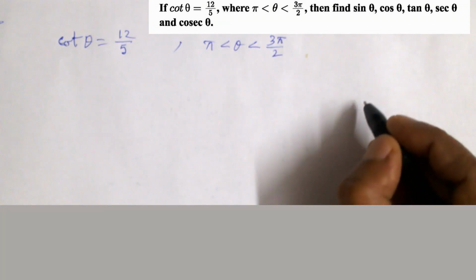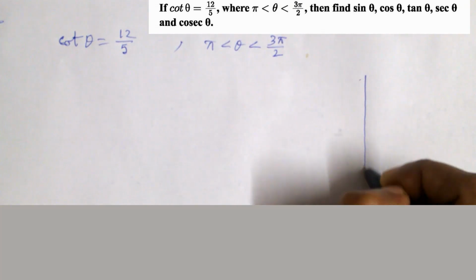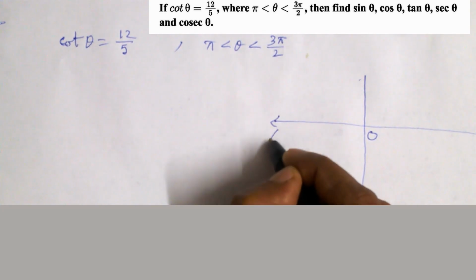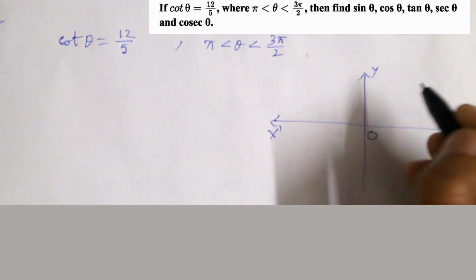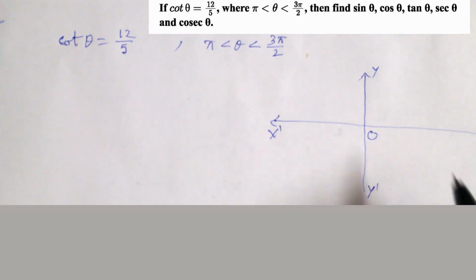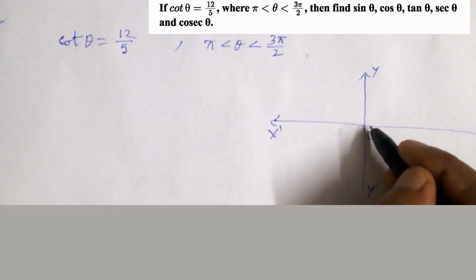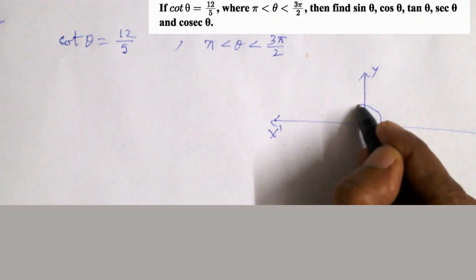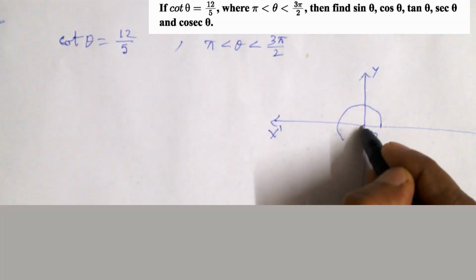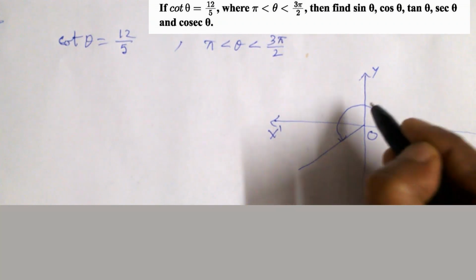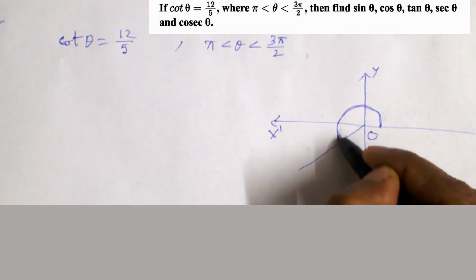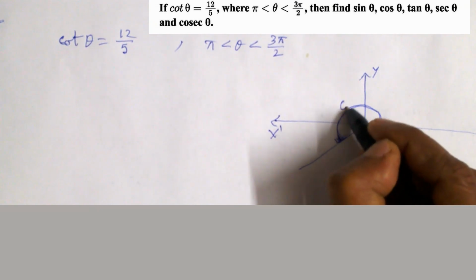If you draw a picture, name it O, x-axis, y-axis. Now let a line revolve from here and end here, making this angle theta.